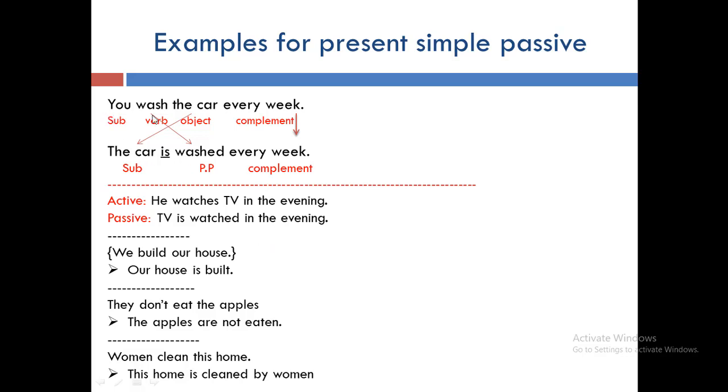Okay. We knew you is a subject and watch is a verb, the car is an object. And every week is just a complement for the sentence. First of all, we said what? We will remove the subject, and you will see that we don't have any "you" words in the passive sentence. Which one is the subject here?